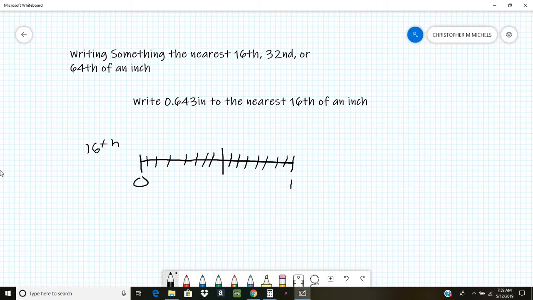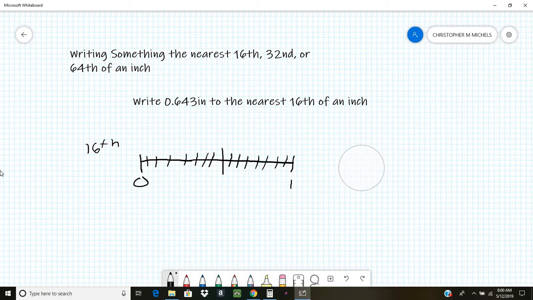But anyways, what the 16th of an inch means is I have 1, 2, 3, 4, 5, 6, 7, 8. The halfway mark is 8, because if you have 8 out of 16, you have half. 9, 10, 11, 12, 13, 14, 15, 16. Because if we recall from our fractions unit, if I have 16 out of 16, what do I have? That's right, 1 full inch.